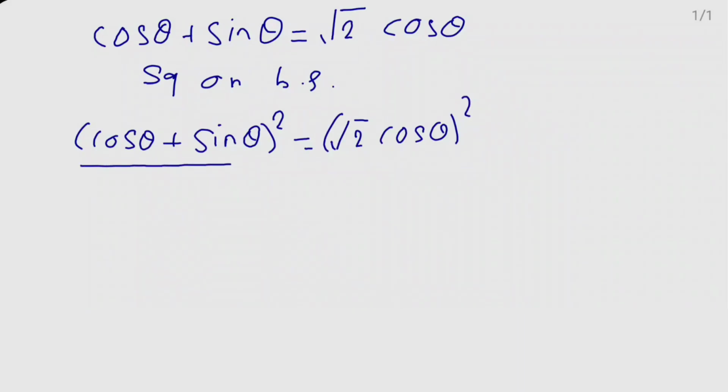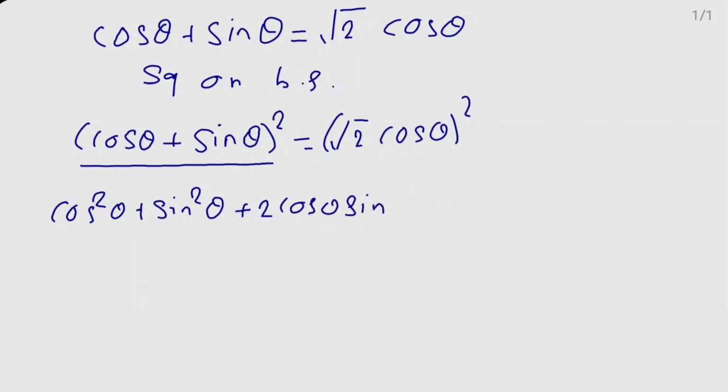See here, it is in the form of (a plus b) whole square. So the expanded form of (a plus b) whole square is a square plus b square plus 2ab. So now expand here: cos square theta plus sin square theta plus 2 cos theta sin theta equal to root 2 square, which is 2, and here cos square theta.